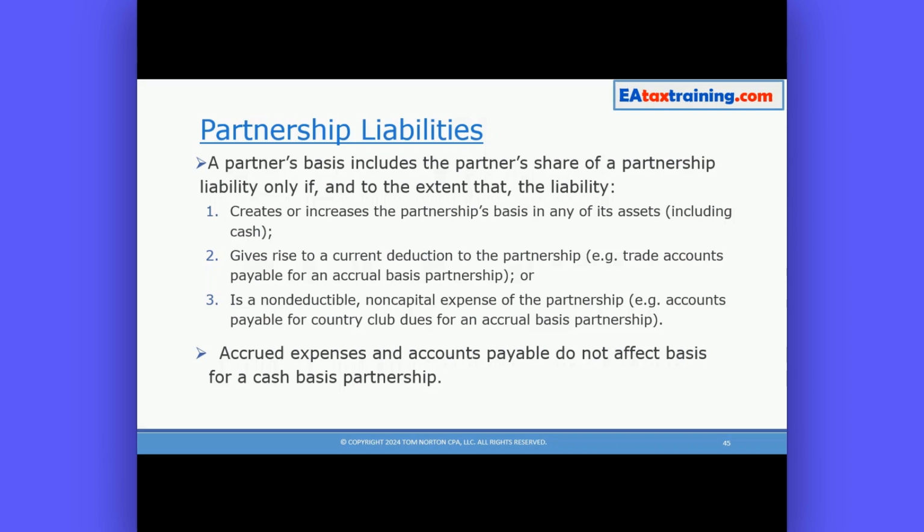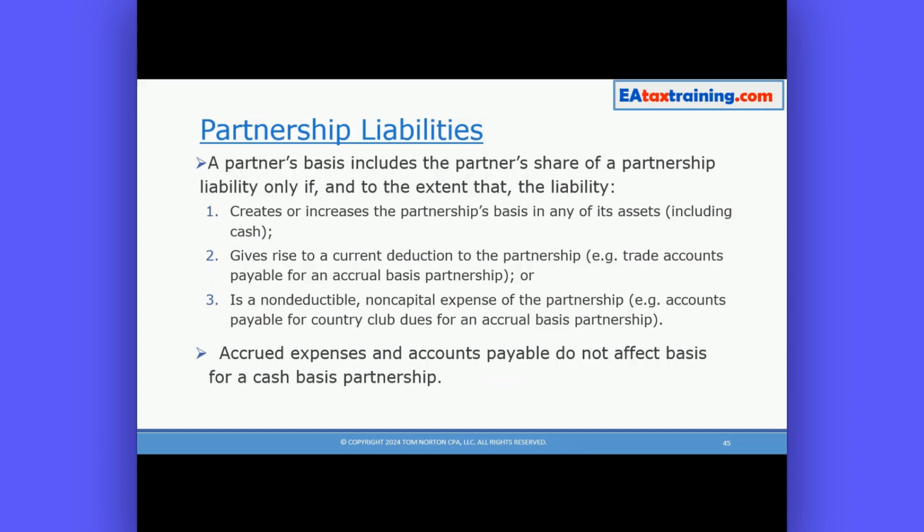What we are saying is, remember, we're talking about a partner's outside basis, and we said that they get basis for their share of partnership liabilities. Well, if it's just a regular loan, that's what number one on the list is, then that's pretty straightforward. Each partner has their proportional share of that loan, and they get basis for that. But what the others are saying is, if you have an accrual basis partnership, then at any given time, they're likely to have accounts payable on their balance sheet.